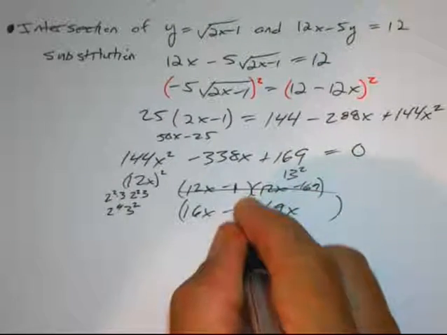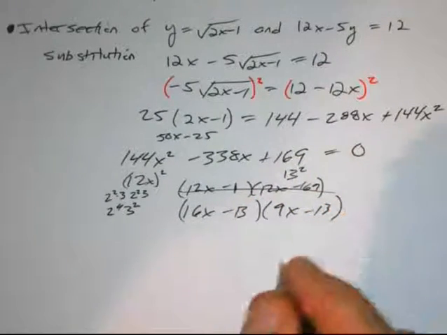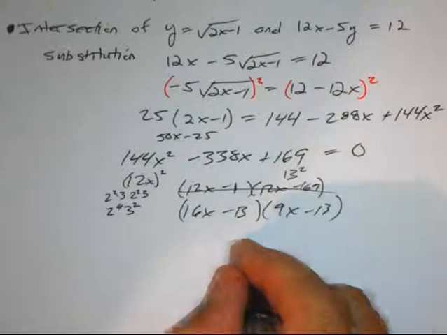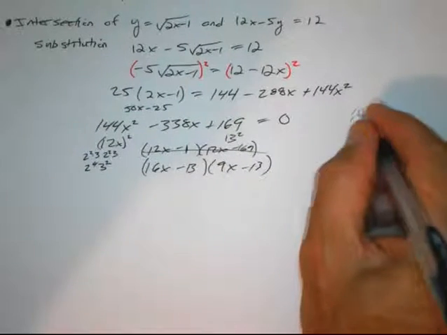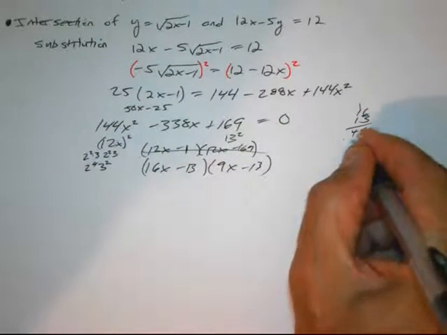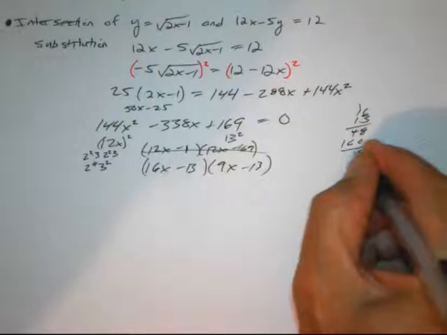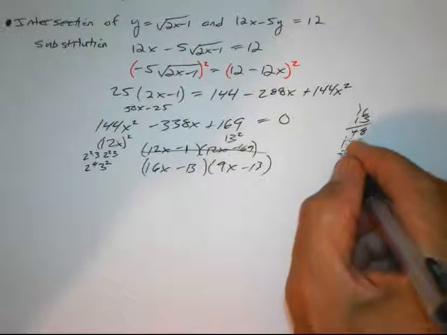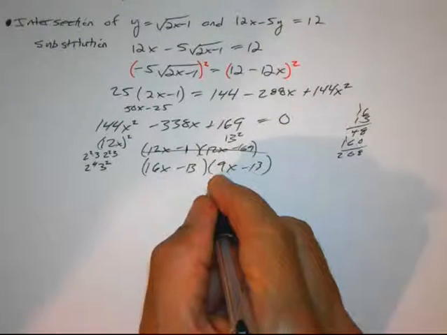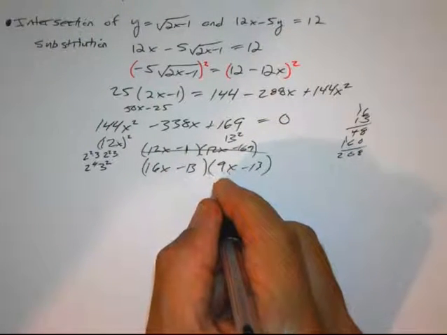Let's see if we did a minus 13 minus 13. Now we'd have outer products to be 13 by 16, and the inner products 9 by 13.